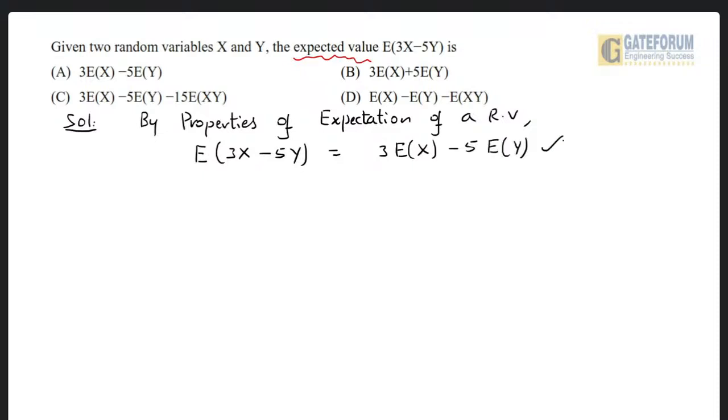So this is the answer. Accordingly, the option is A. This is the end of the question.